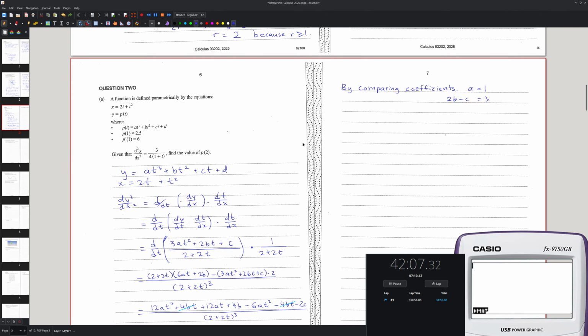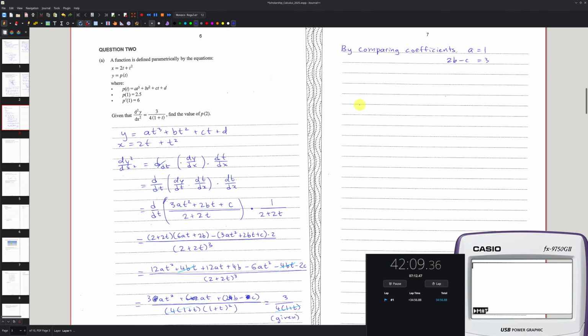Now we plug this in. p of 1 is equal to a plus b plus c plus d equals 2.5. Therefore, b plus c plus d equals 1.5. p prime of 1 is 3a plus 2b plus c, which is equal to 6. So 2b plus c equals 3.